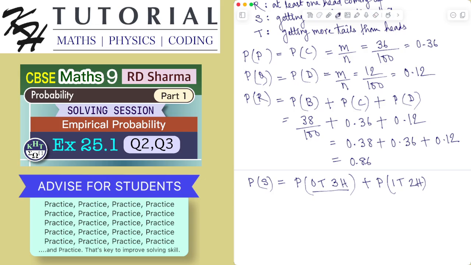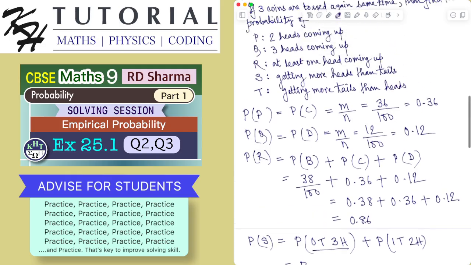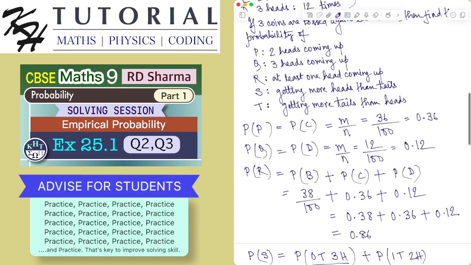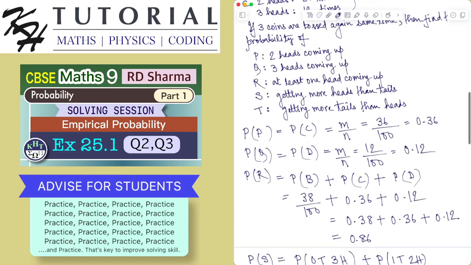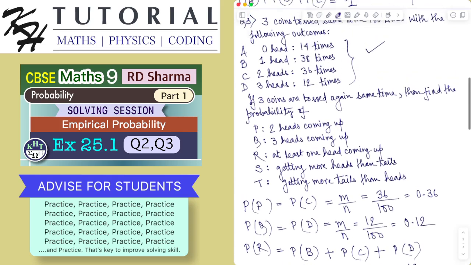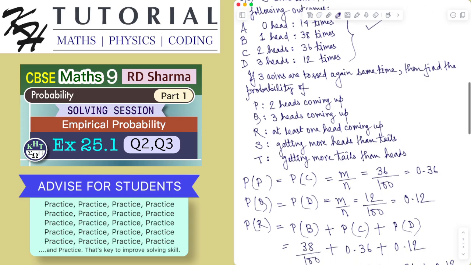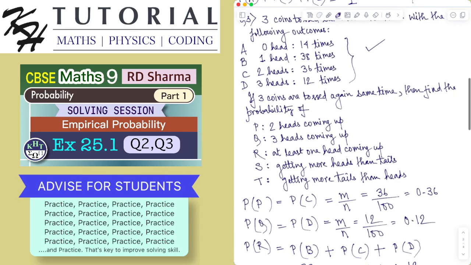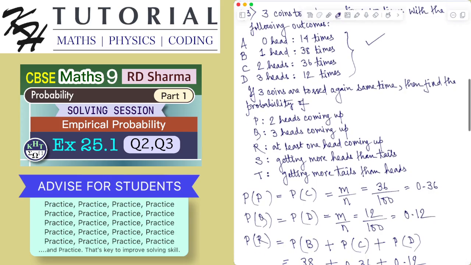Now 0 tail 3 head is equal to probability of 3 heads, which is the event D, plus 1 tail 2 heads will be the event C, because 2 heads means 1 tail and 2 heads.